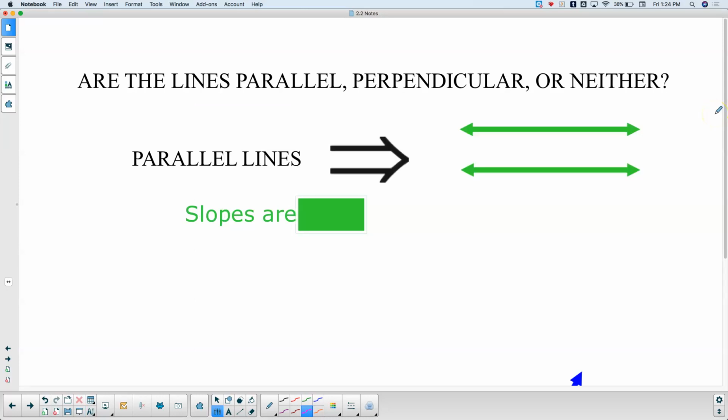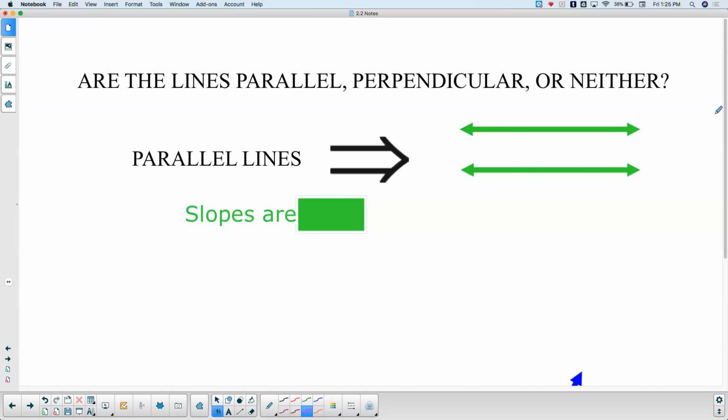Parallel lines. What can you tell me about parallel lines? They never intersect. What else can you tell me about parallel lines? They go on forever. All lines go on forever. Doesn't have to be parallel to do that. But they do.